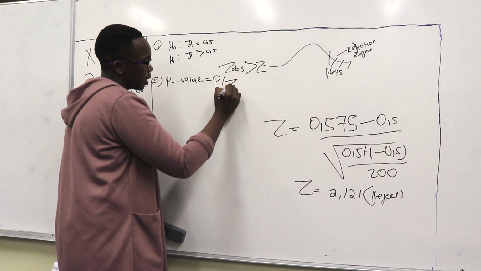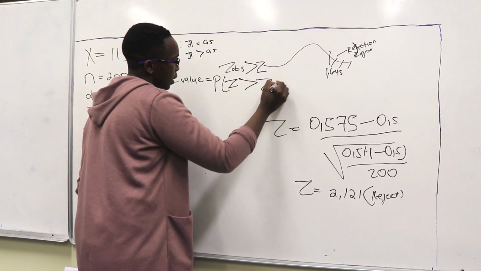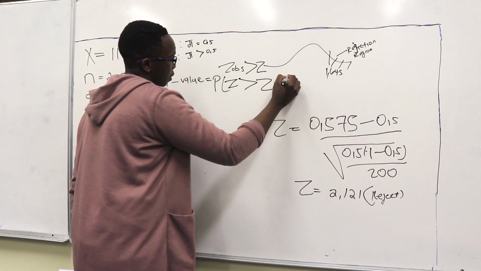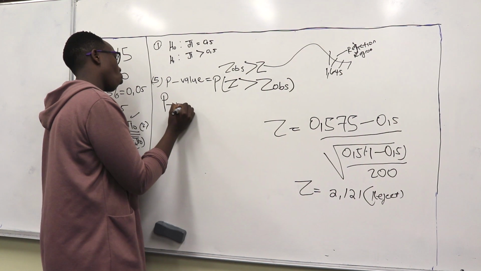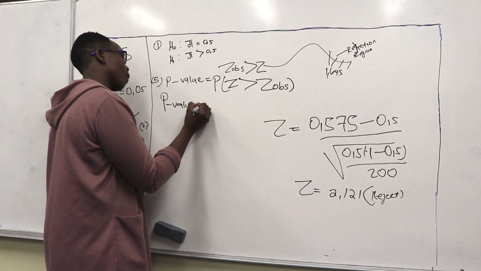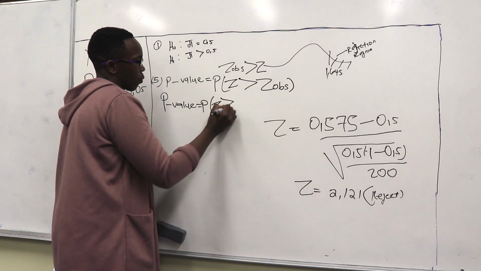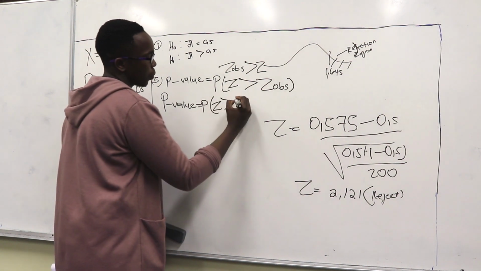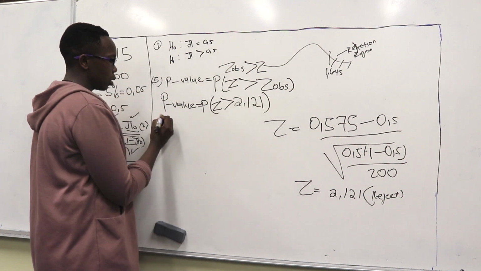We'll say that Z must now be greater than the Z observed, and our Z observed was 2.121.